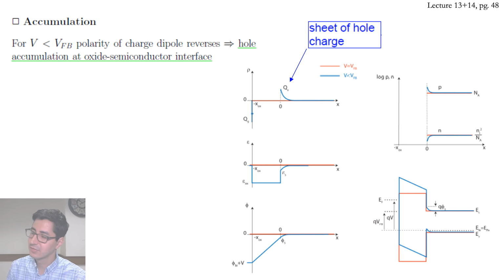Now, why doesn't this look the same as a depletion region? The reason is that if my potential is going negative, I keep reducing my hole density.